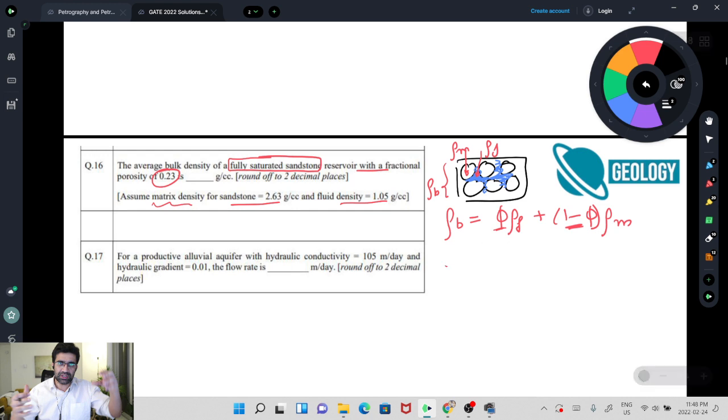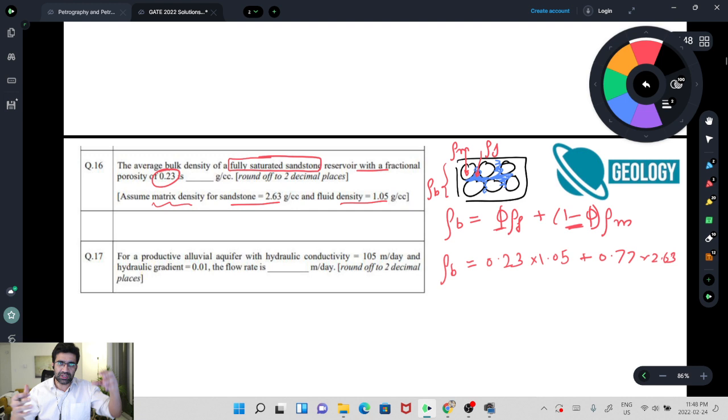So rho b you can calculate. Phi is given to you as 0.23, and then you can multiply it with fluid density, which is 1.05, plus 0.77, that is 1 minus phi, into rho m, which is 2.63.